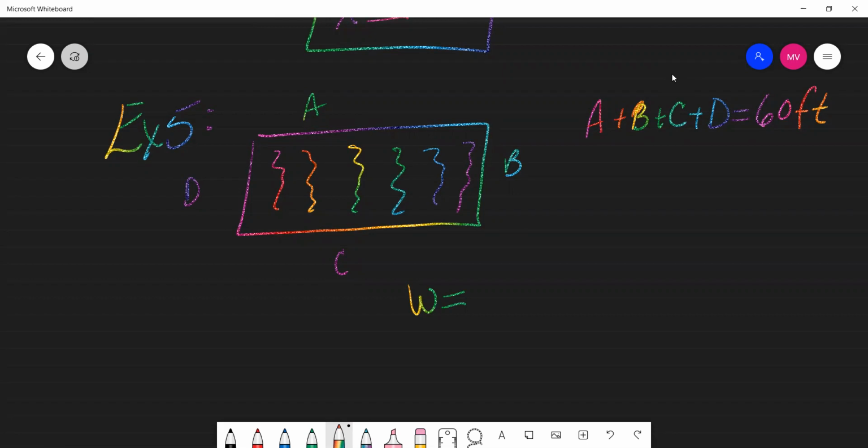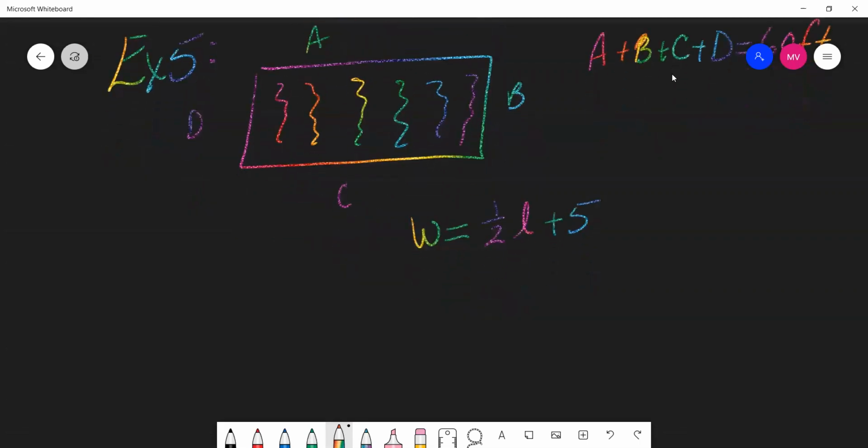Half the length plus 5. It must be 5 more than, which in this case is just addition. So the width must be half the length plus 5, at least. That's going to be our inequality statement. And then the length just equals the length.